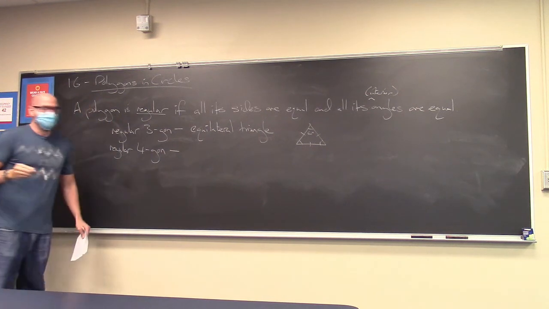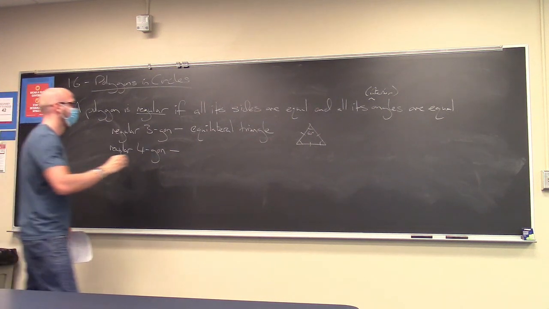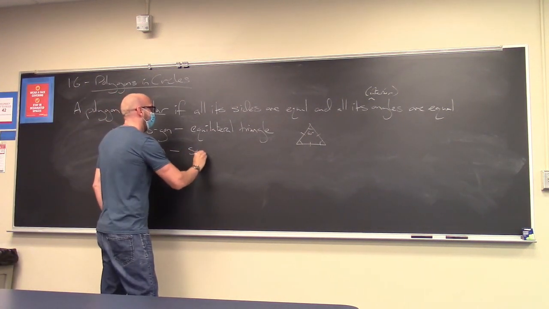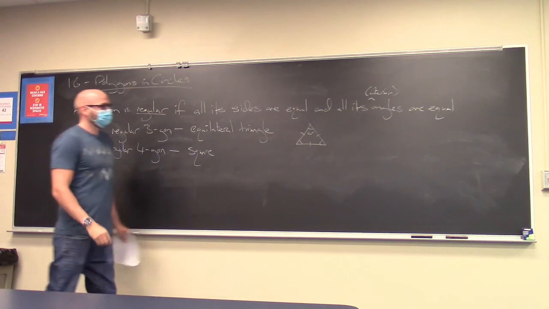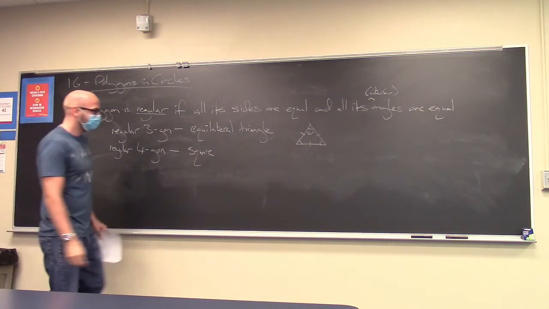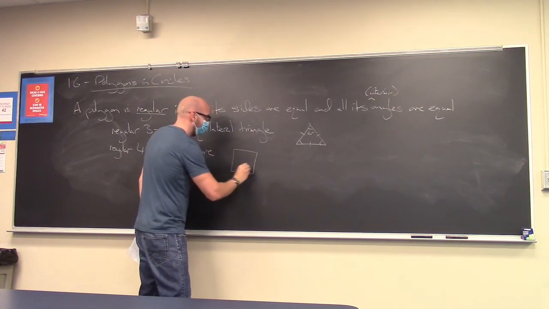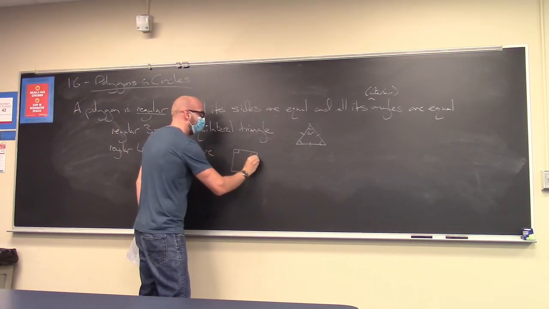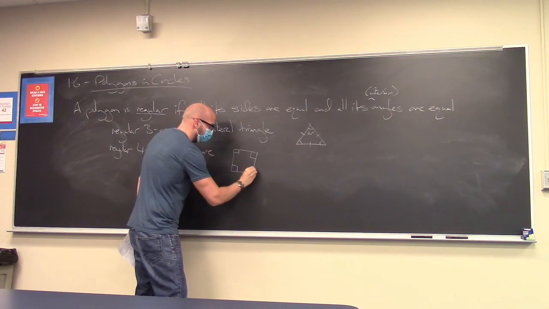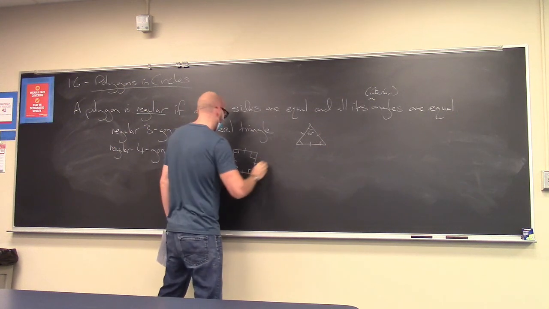What's a regular four-gon? Square. If you have all four sides the same length, you're a rhombus. But if you have all four sides the same length and all angles the same, then all the angles must be 90 degrees. You're a rectangular rhombus, so now you're a square.